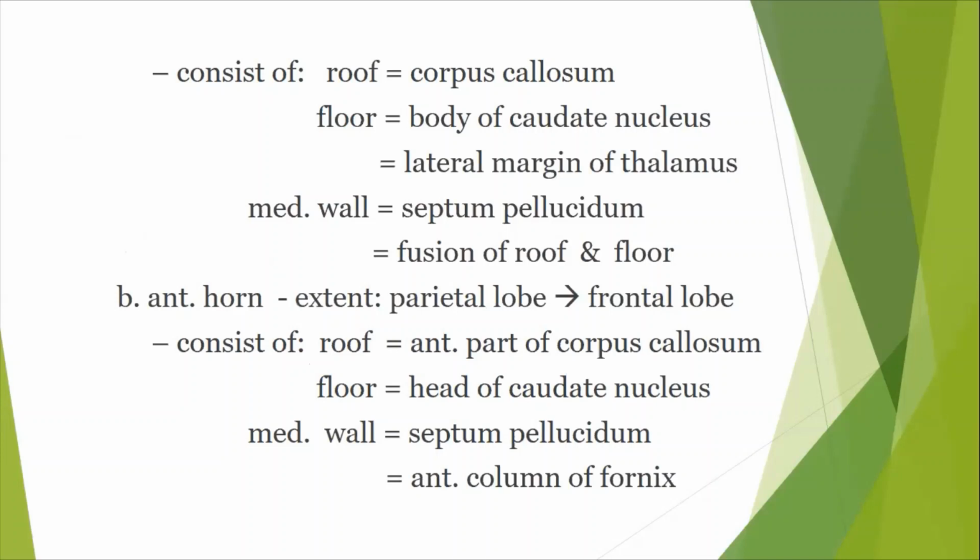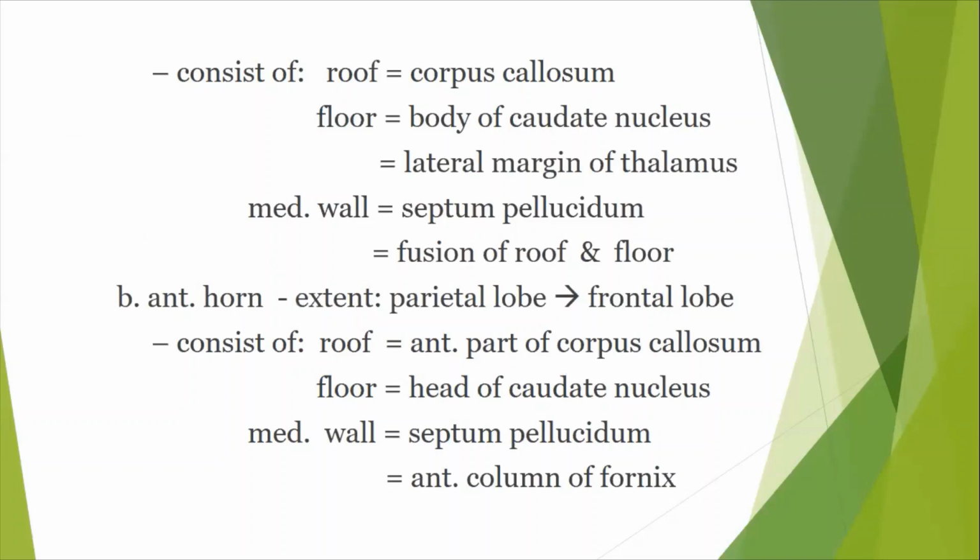Remember the white matter in the medial surface of the cerebral hemisphere. And it has a floor formed by the body of the caudate nucleus and the lateral margin of the thalamus.